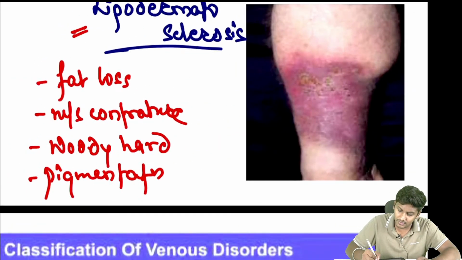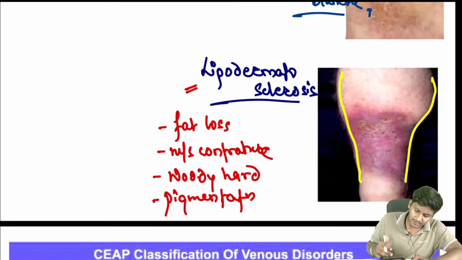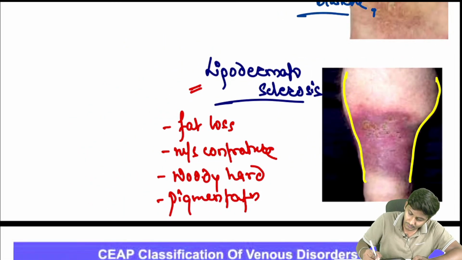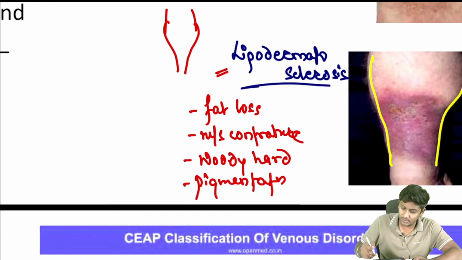And a classical appearance. Can anybody tell me which appearance of the leg is seen in the patient? Can you see something like this? What is this appearance? Very good. This is the classical inverted champagne bottle appearance.